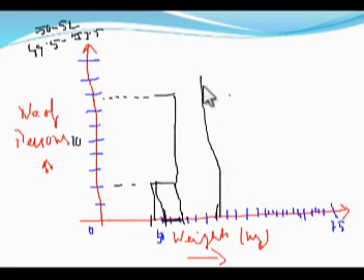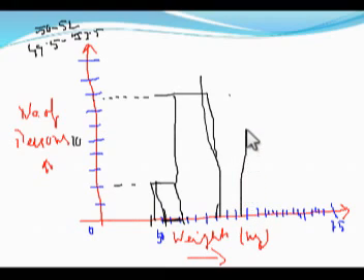So again we will take 56.5 and 58.5: 57, 58, 58.5. This is 20.